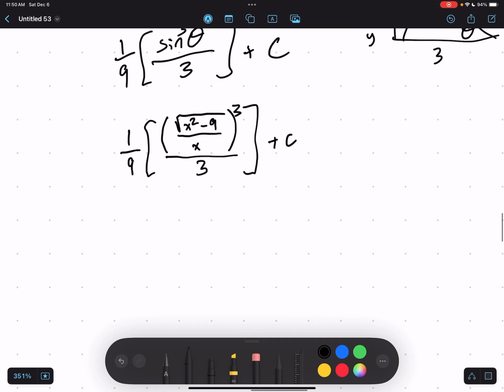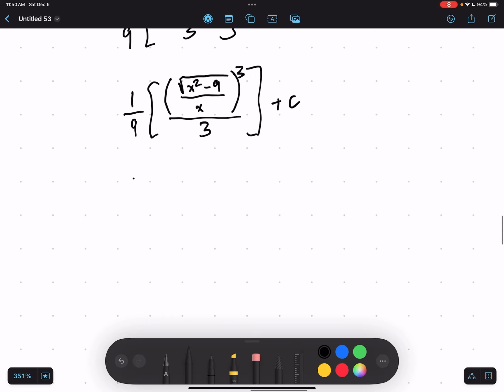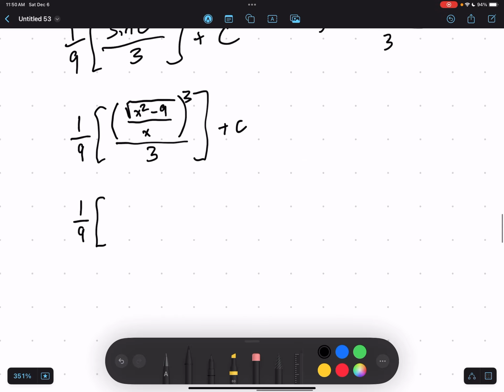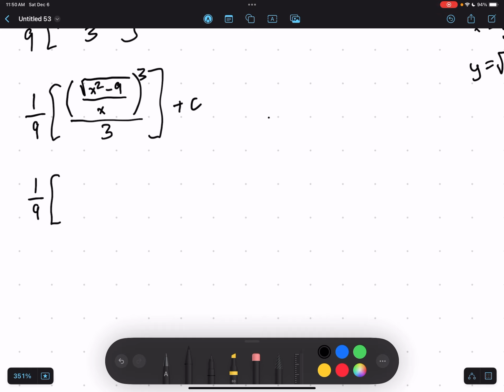And then we can say 1 over 9 times, well, we can rewrite the square root of x squared minus 9 as x squared minus 9 to the 1/2, and then raise that, again, to the power of 3. So what that really is, x squared minus 9 to the 3/2.